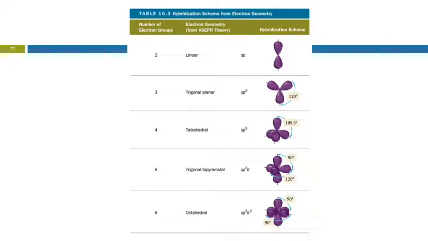If you have five groups, 1, 2, 3, 4, 5, sp3d, and 6, sp3d2. Okay? So it's really not that hard. You start with S, you add as many P's as you need, and then as many D's as you need until you get the number of hybrid orbitals that's equal to the number of electron groups. Any questions?